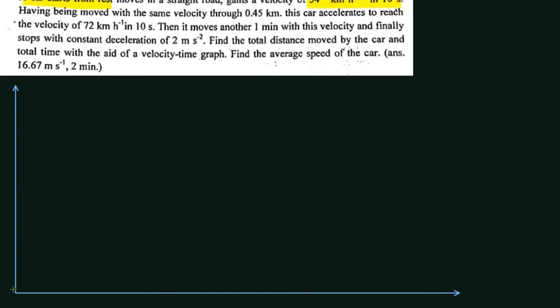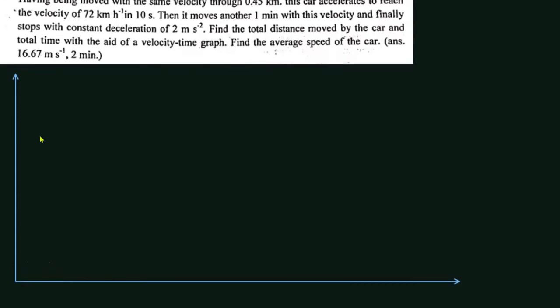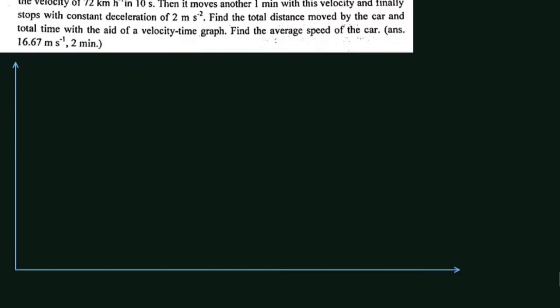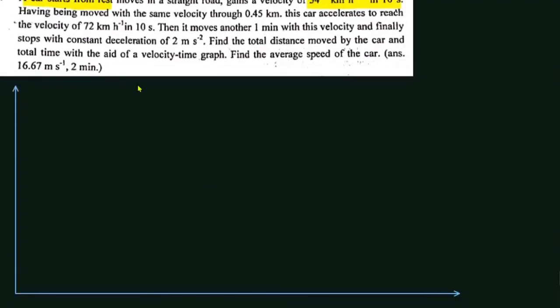Let's draw it then and there, it'll be easy.